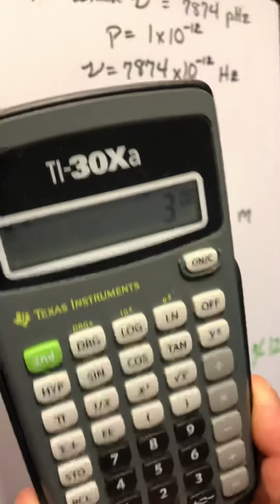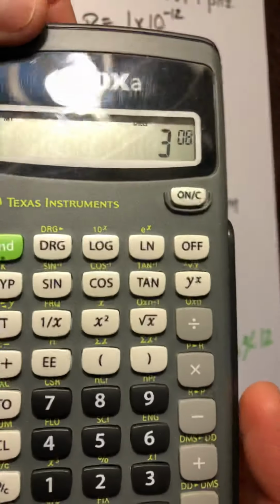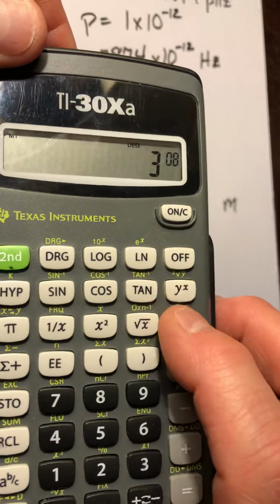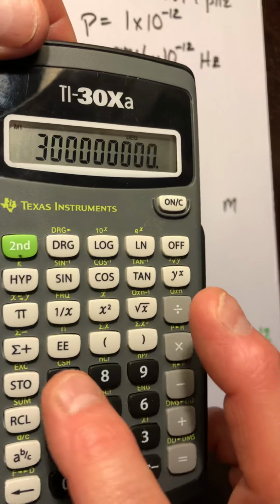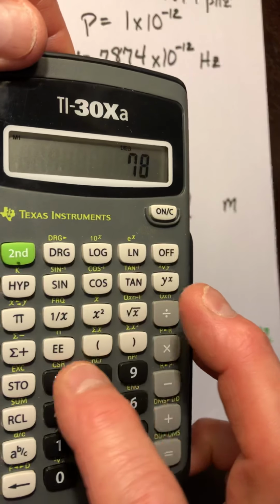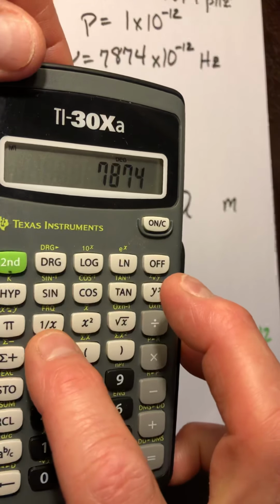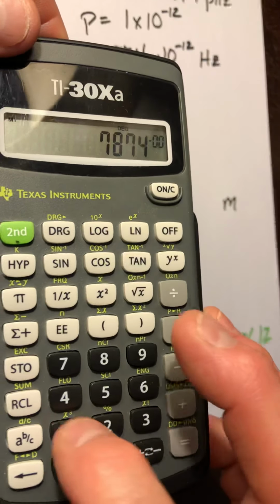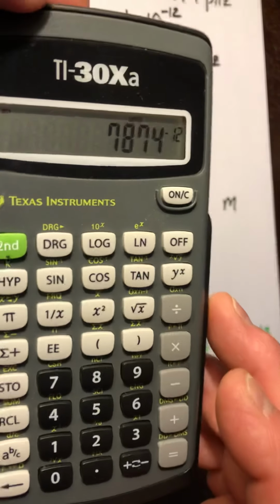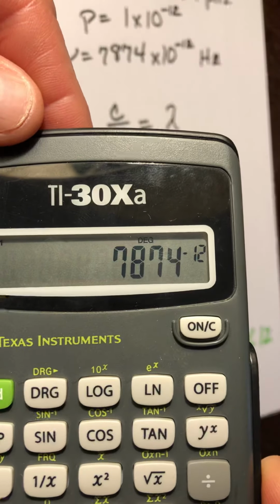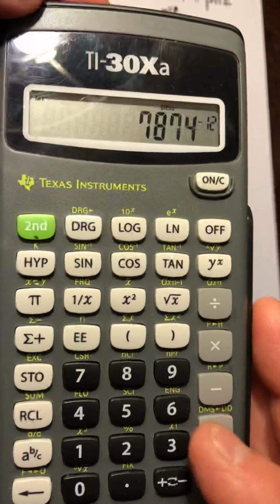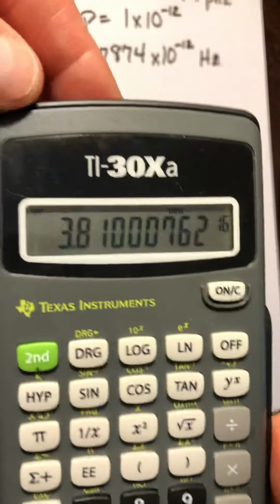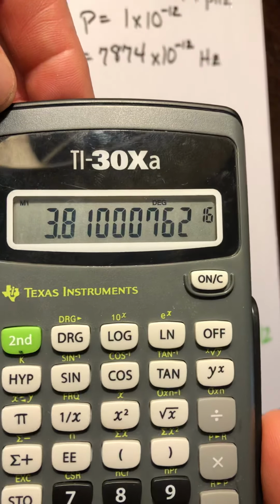So going through and doing it on mine, which is actually kind of confusing, divided by 7,874 EE, and my plus-minus is right here, and it shows up as 7,874 times 10 to the negative 12th, equals button, and that's what I get, 3.81.